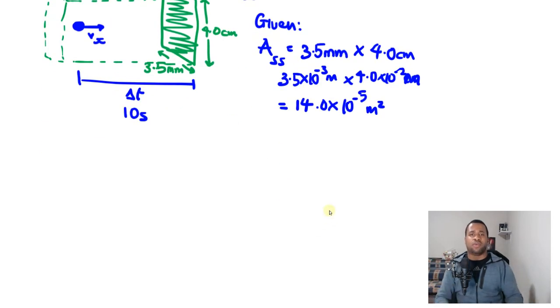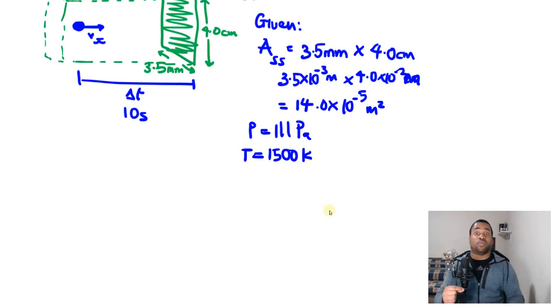The next variable given in the question is the pressure, which in the standard unit is 111 pascals. The other variable is temperature, given as 1500 kelvins, which is also a standard unit for this equation. Our change in time is given as 10 seconds.